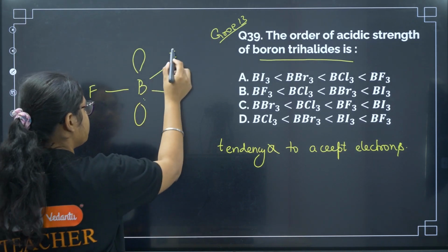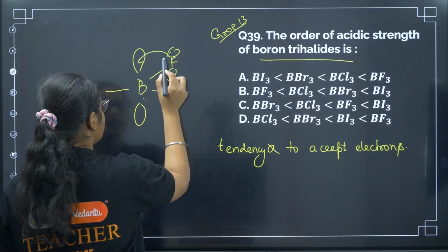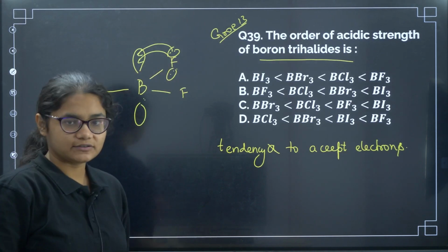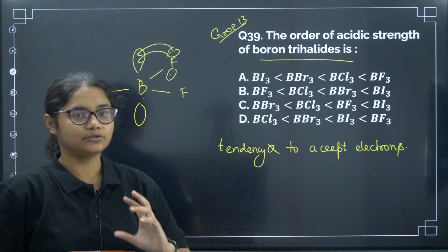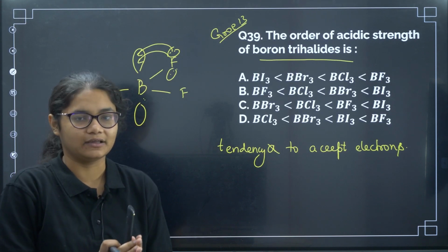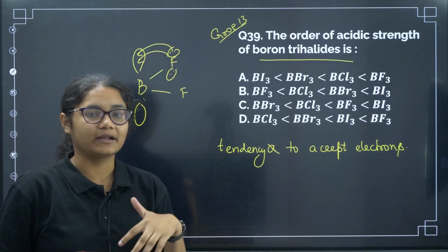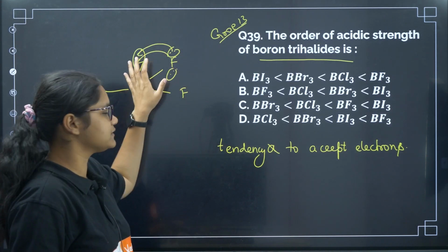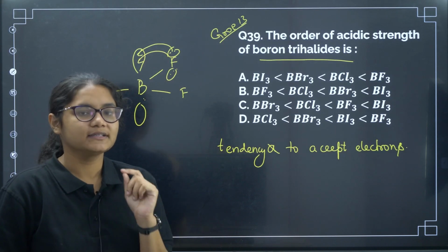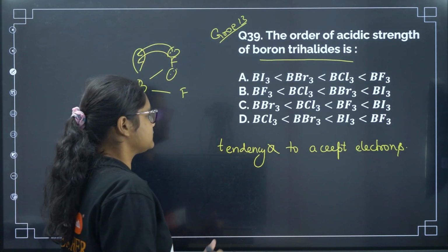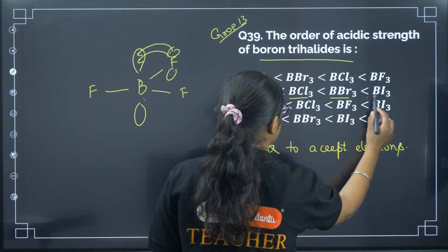So the lone pairs of the fluorines can be donated to this one, right? So if this is donated here, the urge to get electrons is satisfied here. So it cannot show any acidic character further, because internally it is getting electrons from the fluorine. So the acidic character here will be less for BF3, then BCl3, BBr3, BI3.